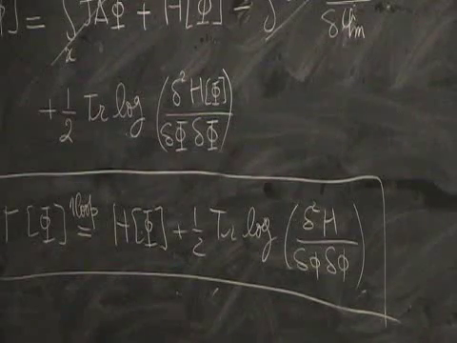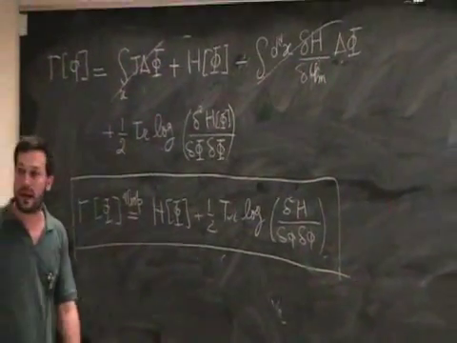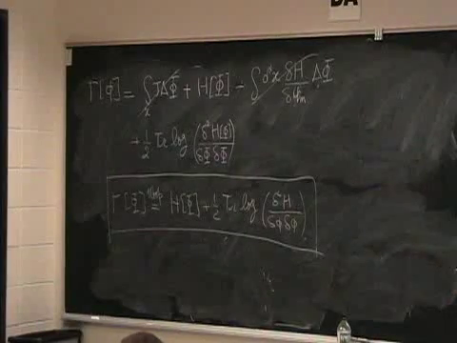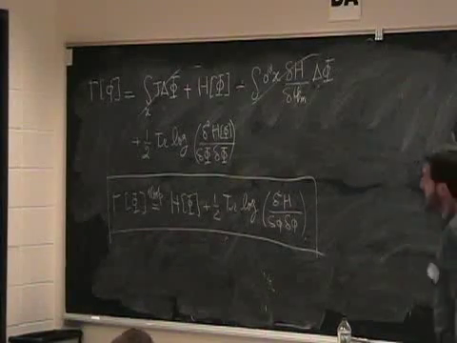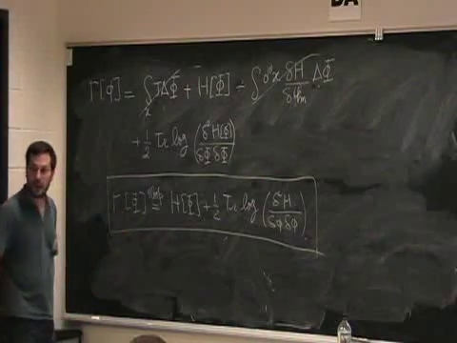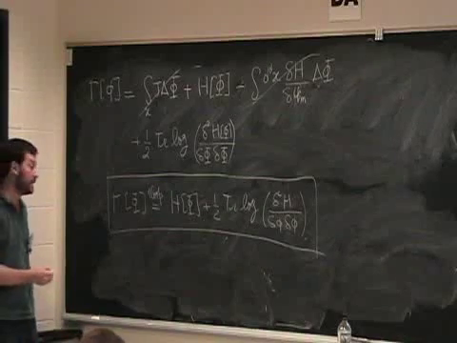In particular, you can consider the Gibbs free energy not for a varying external field, but for a constant external field. In that case, you can consider the density of Gibbs free energy, which is called the effective potential.